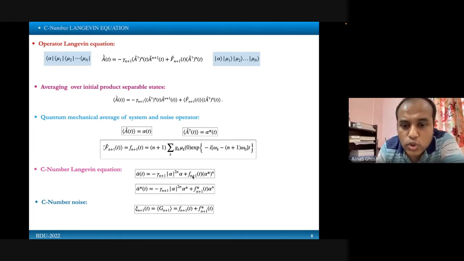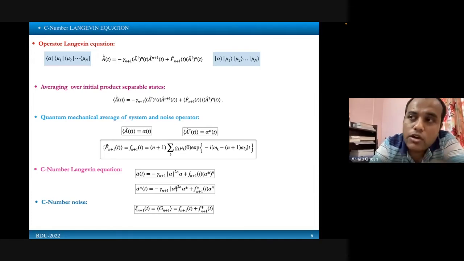Now, in order to calculate this, I take the average with respect to these coherent states and I have taken a normal order prescription. But one can take the average following some other ordering prescriptions, such as anti-normal ordering or symmetric ordering and so on.